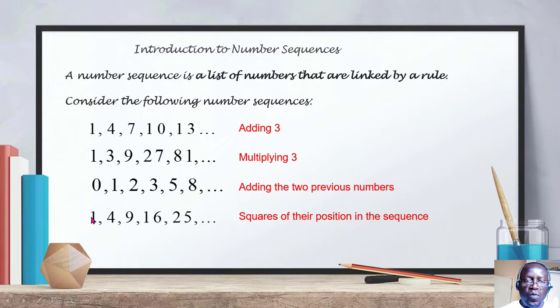The first number, 1, is at position number 1, and if we square 1, we get 1. 4 is at position number 2. If we square 2, we get 4. 9 is at position number 3. If we square 3, we get 9. 16 is at position number 4. If we square 4, we get 16. And 5 squared is 25.